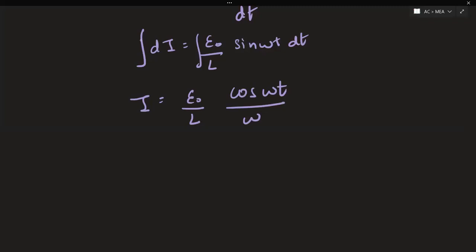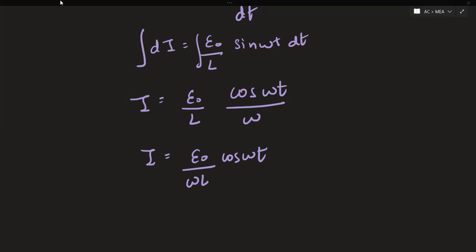That will be the value of this. Keep this together: E naught by omega L together and write cos omega t. So E naught by omega L cos omega t has been kept together.